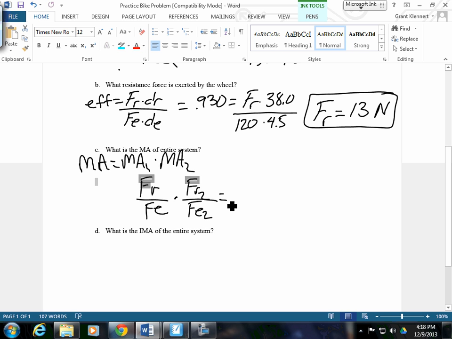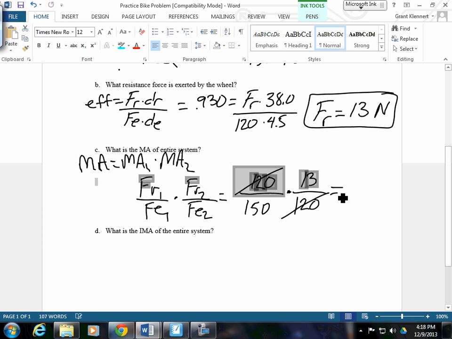Our FR1 is 120 over our FE1, which is 150, times our FR2, which is 13, divided by our FE2, which is 120. Our 120s cancel out, and we're left with 13 divided by 150, and our MA is 0.087.